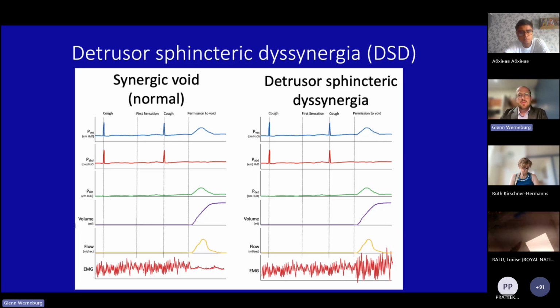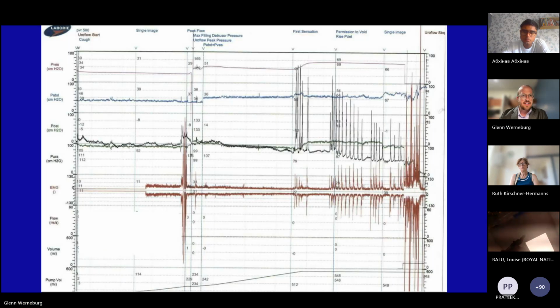On screen right, we see detrusor sphincter dyssynergia. So instead of quieting appropriately in the context of the voiding, there is an increase in amplitude of the EMG. This is sort of the classic appearance of DSD. Here's an example of what it might look like in a true cystometrogram tracing.